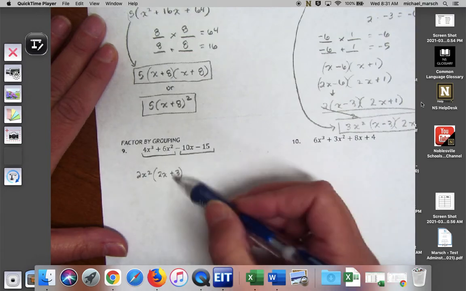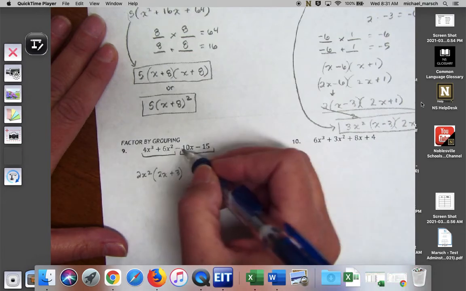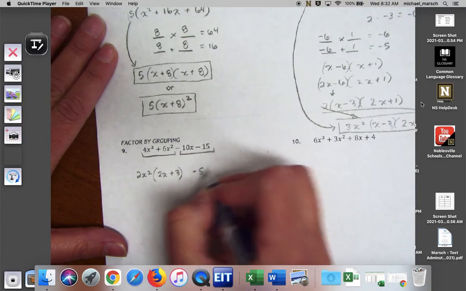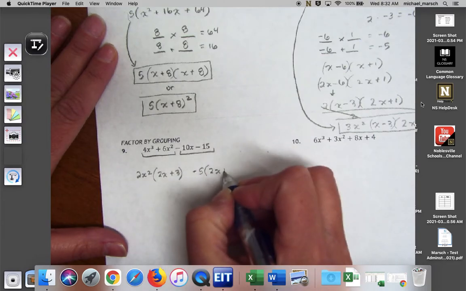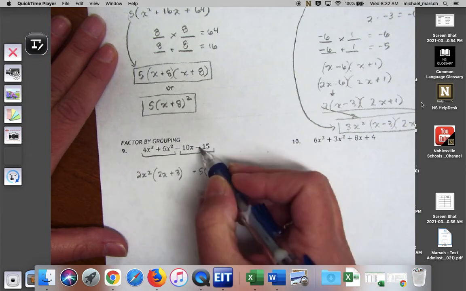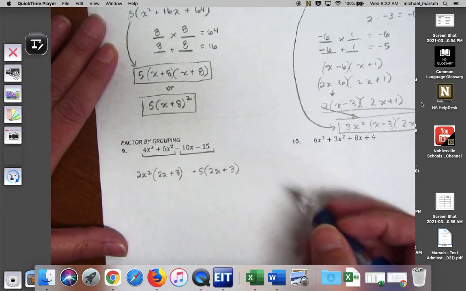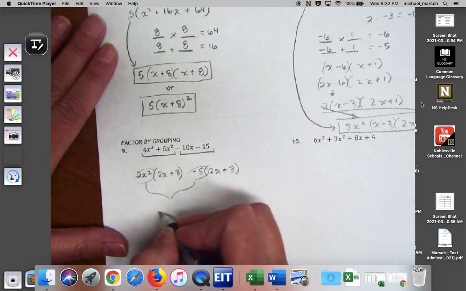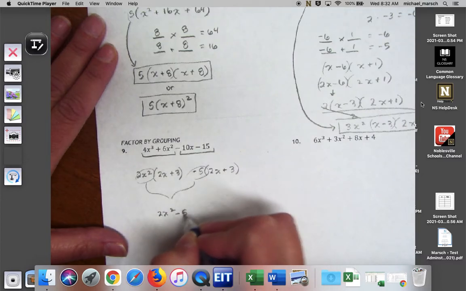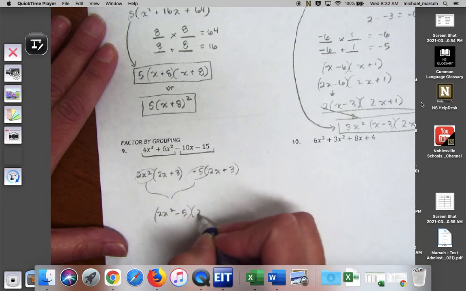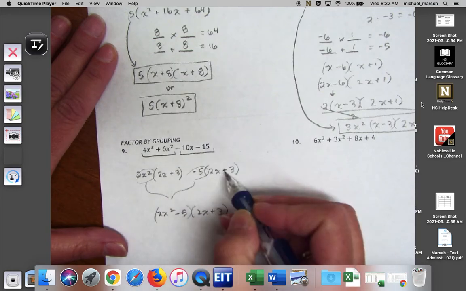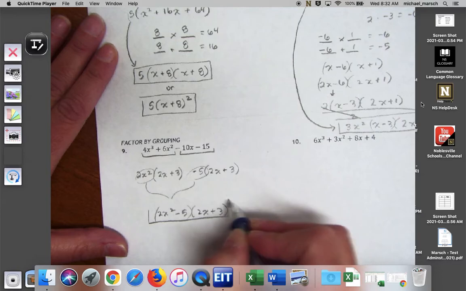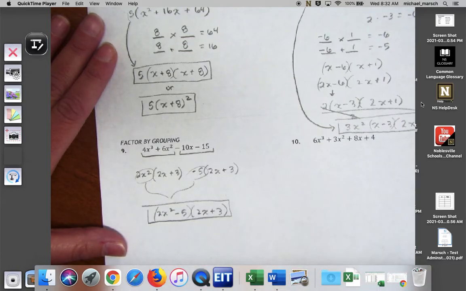So in order to get 2x plus 3 over here, I actually have to take out a negative 5, and that'll give me 2x plus 3 to create that part of the group. So then I combine these, and I get 2x squared minus 5 times the 2x plus 3. Remember, we only bring that down once. And there's my answer for number 9.